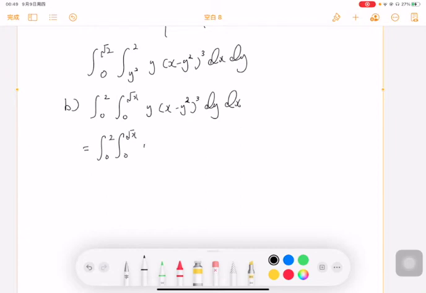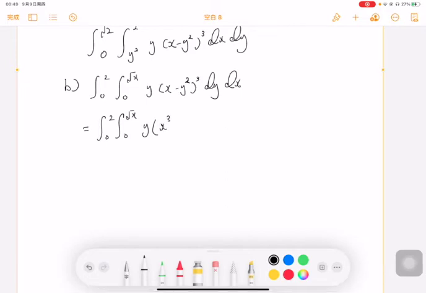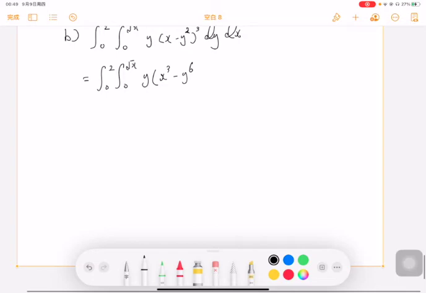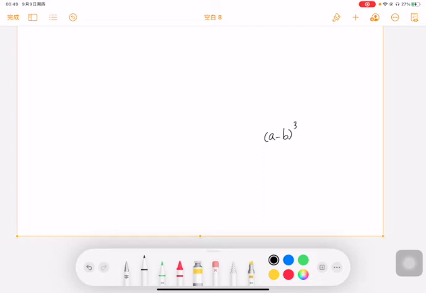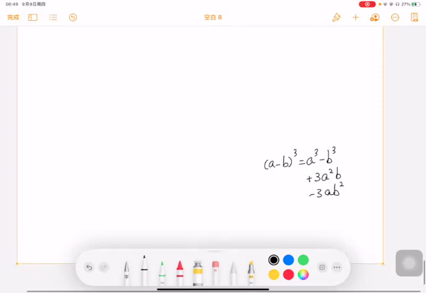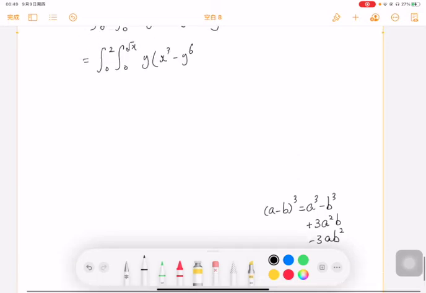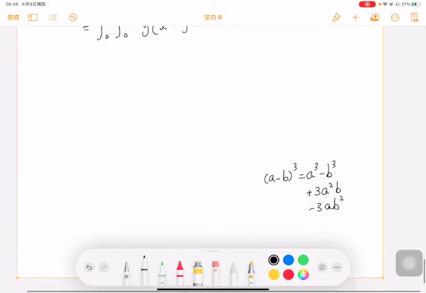And here you get y times, let's multiply this out, x minus y squared cubed. Here's the formula for a minus b to the 3rd power: a minus b cubed equals a cubed minus 3a squared b plus 3ab squared minus b cubed. Sorry, I had the signs messed up.